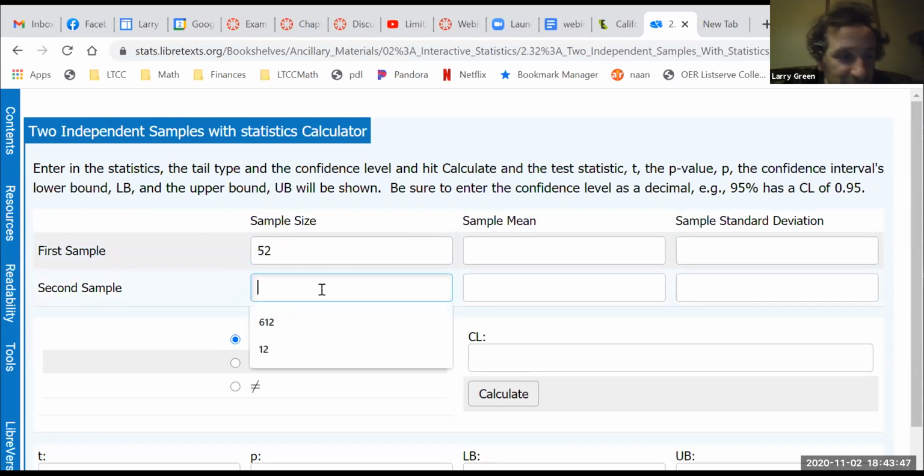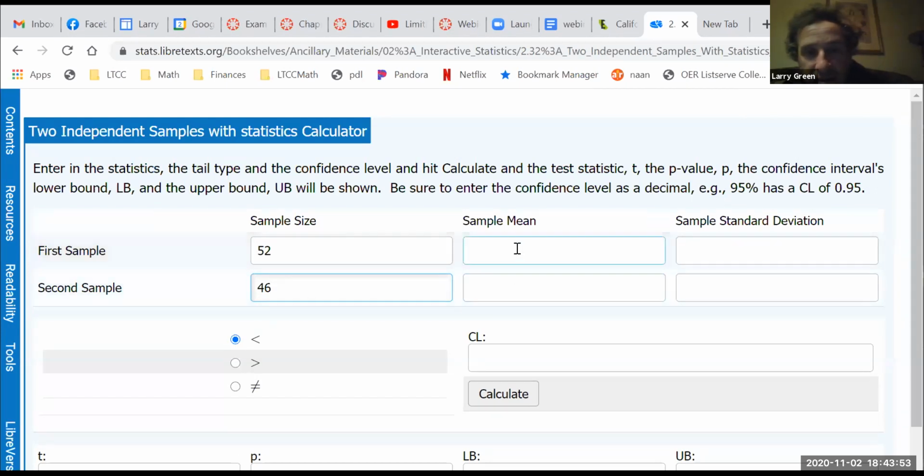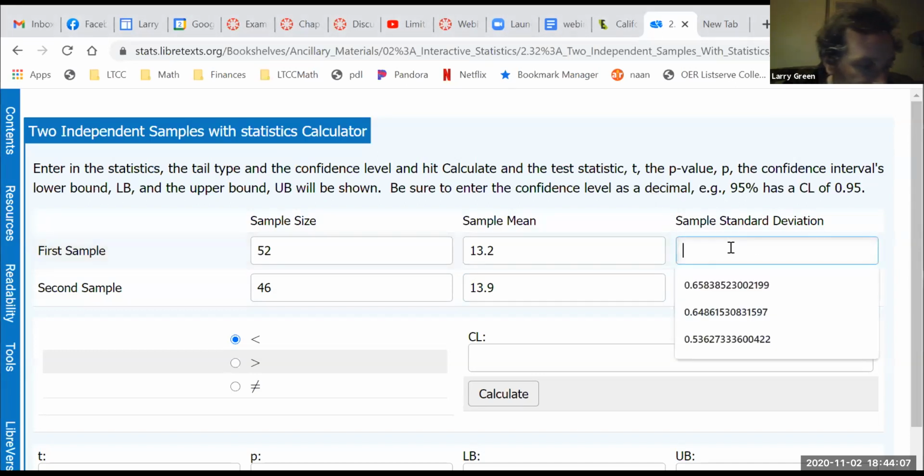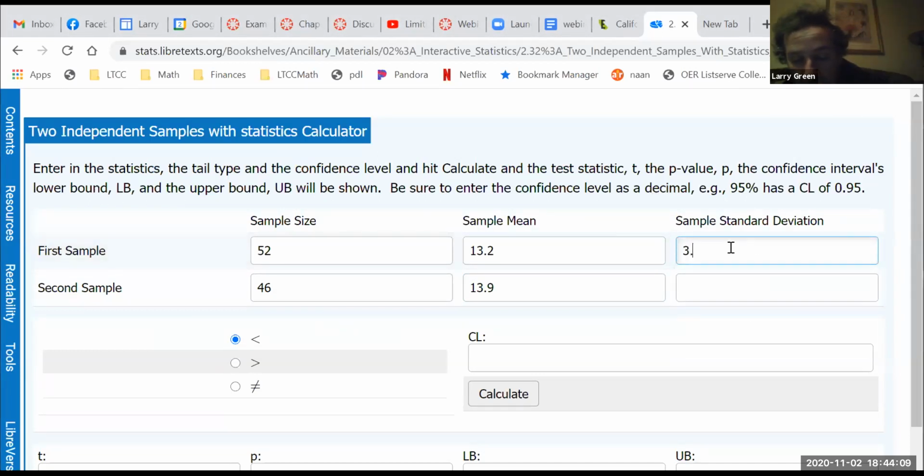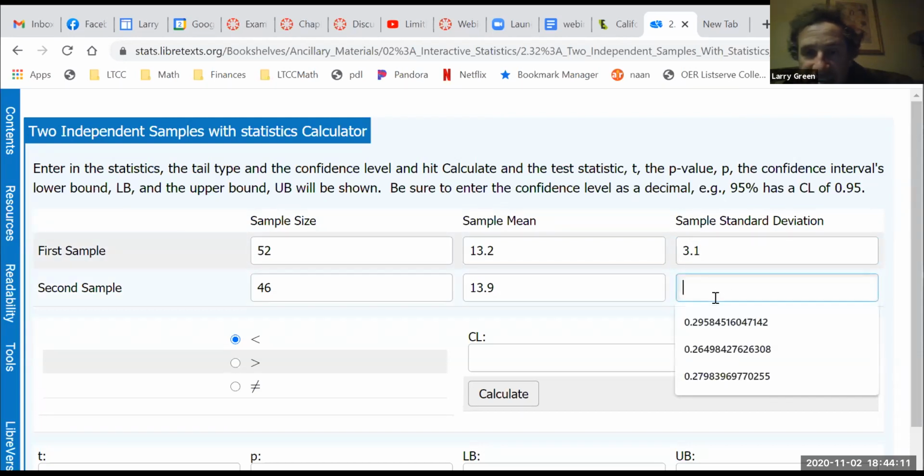Our second sample size was 46. Our X1 bar, 13.2. Our X2 bar was 13.9. And then we have our sample standard deviations. S1 was 3.1. And then S2 was 4.